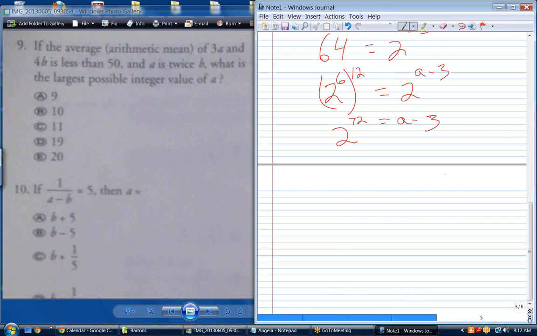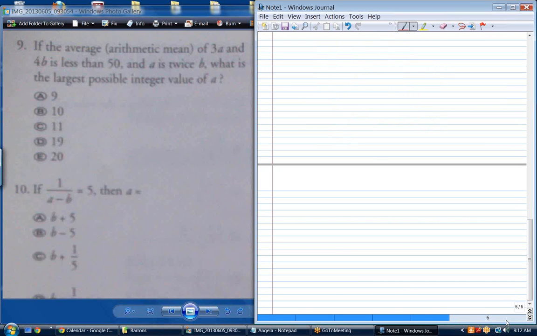Okay, this one I'm going to need to write out. 3a plus 4b, 50. So tell me how you're writing it out.